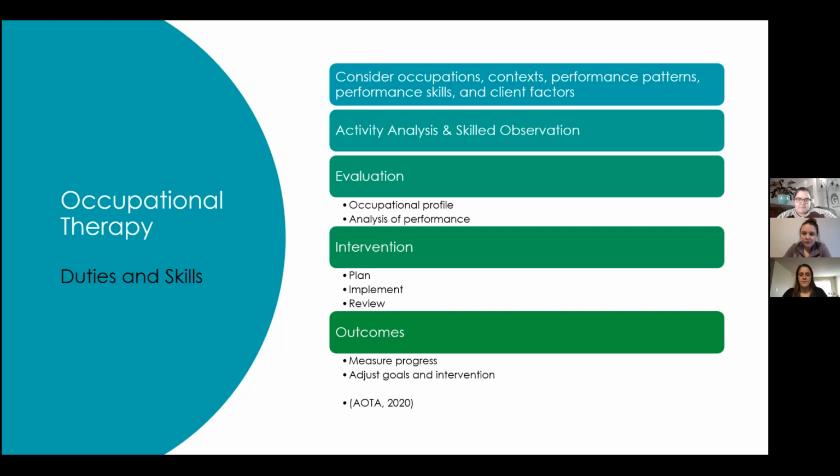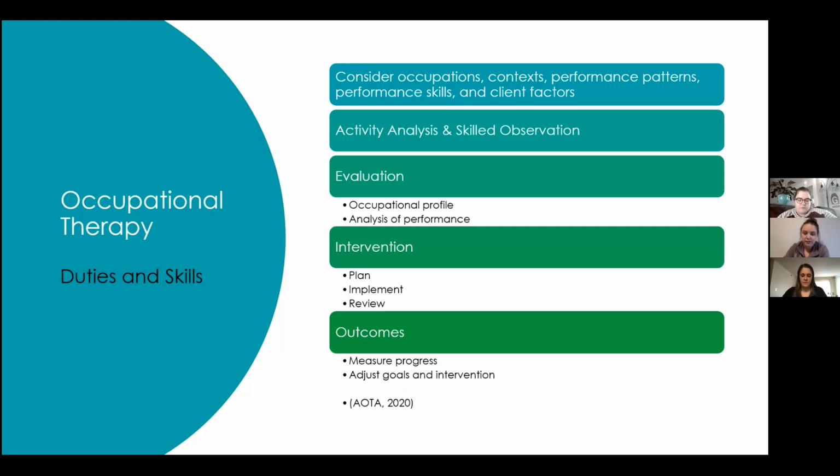OTs must always consider their clients' occupations or the meaningful and purposeful activities their clients want and need to engage in. OTs must also consider the context and environments of their clients, performance patterns, motor, social, and cognitive skills, and other factors. OTs are trained in activity analysis as well as skilled observation.